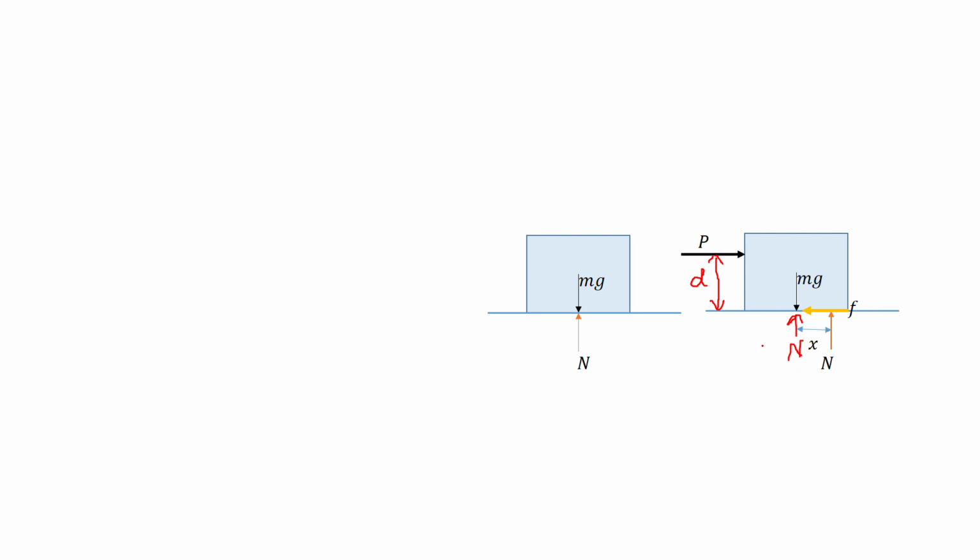Now we have a net torque in this direction because of mg and N, or a net couple, in the clockwise direction. These counterclockwise and clockwise torques will balance each other and the body will be in equilibrium. What I am emphasizing here is that the normal reaction doesn't remain fixed, it changes its position also.